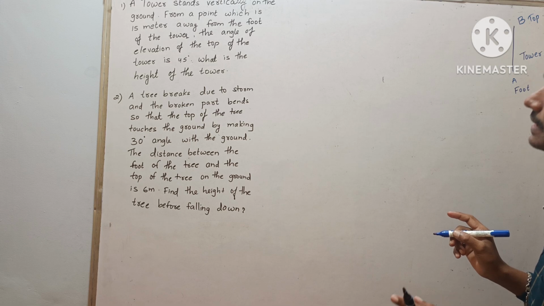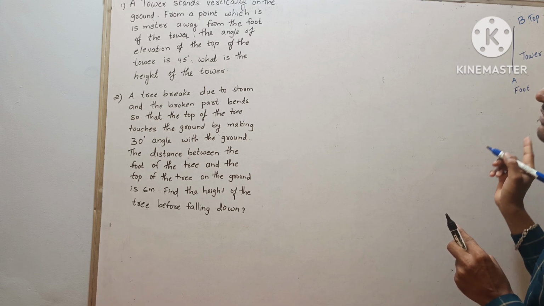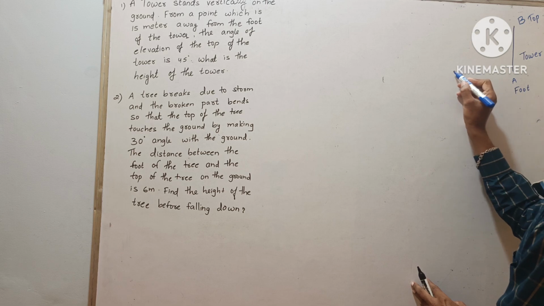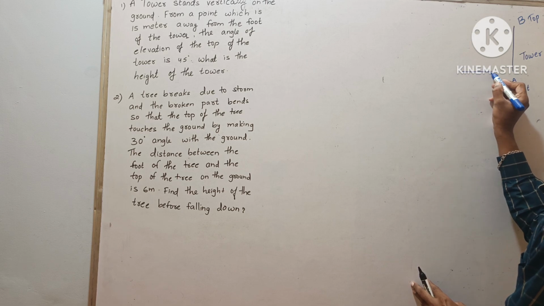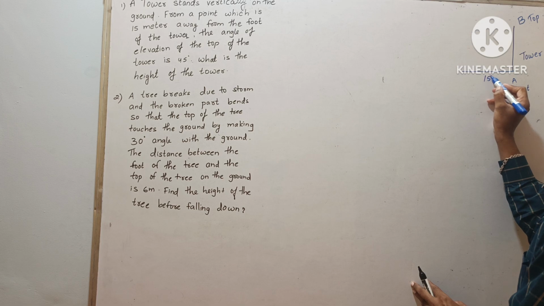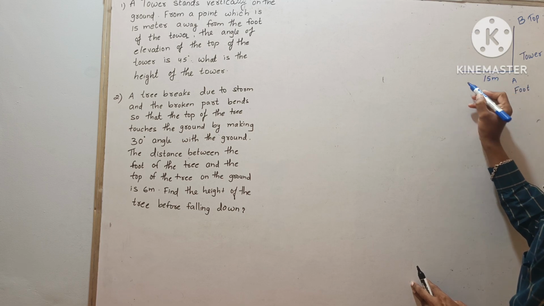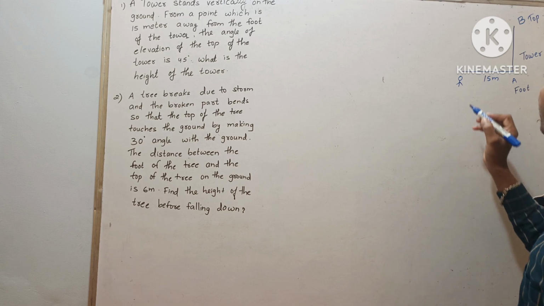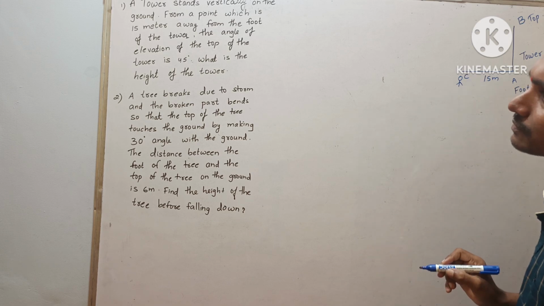So what he was saying is that from a point which is 15 meters away from the foot of the tower, the distance between the foot of the tower and the observation point is nothing but 15 meters.